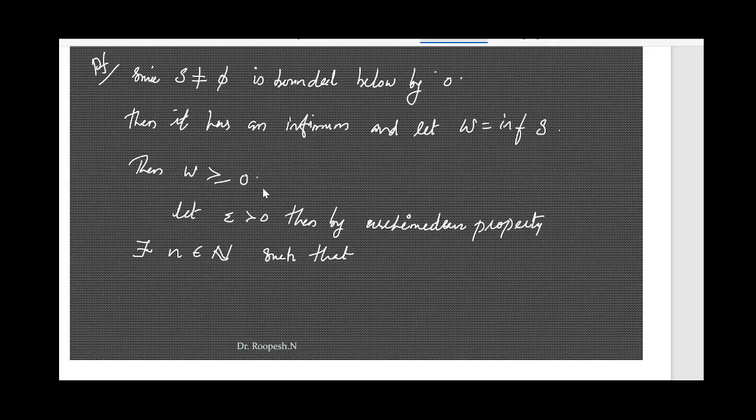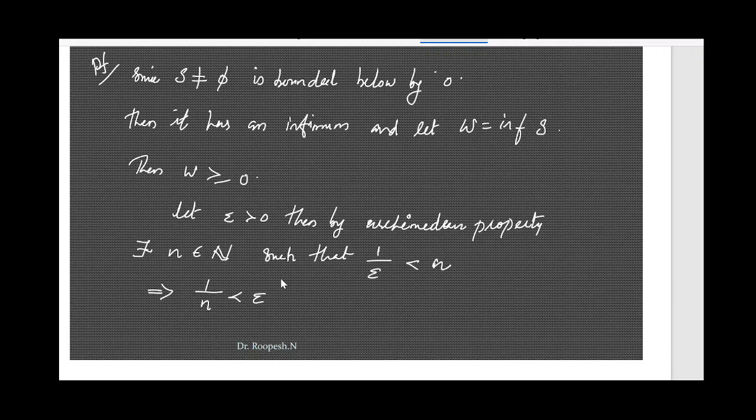Epsilon greater than 0 means 1 by epsilon is also a real number. Whenever you take a real number, you can find a natural number greater than it. So from this you get 1 by n is less than epsilon.